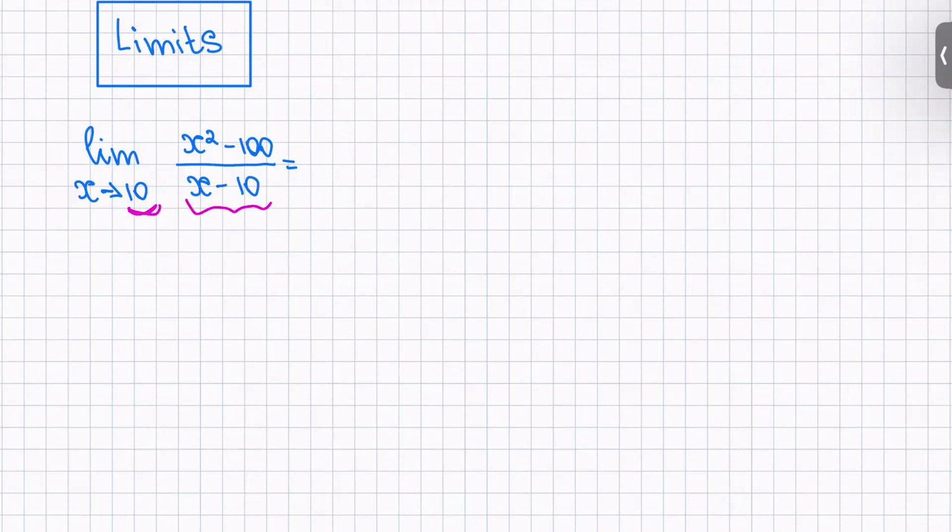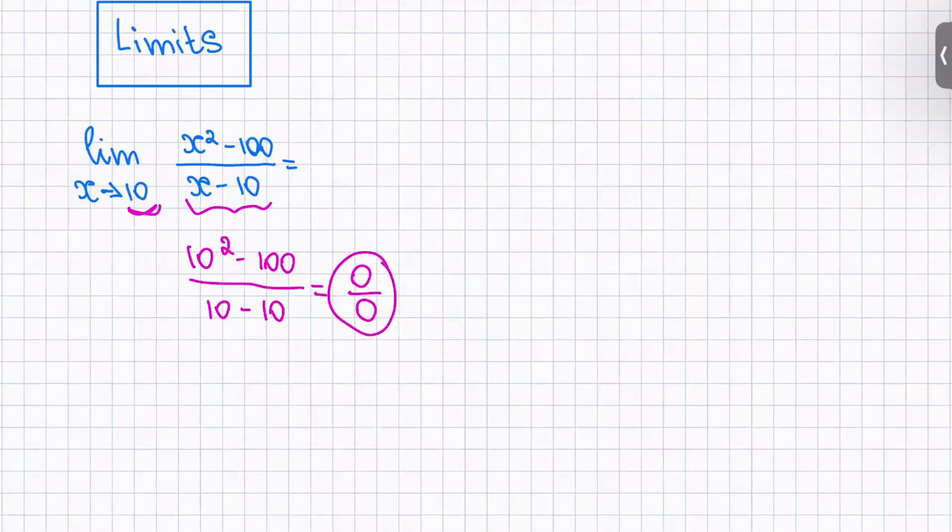If we plug in 10, we get 10 squared minus 100 over 10 minus 10. If we calculate that, we get 0 over 0. So we end up with the indeterminate form 0 over 0, and we cannot conclude anything in this case.